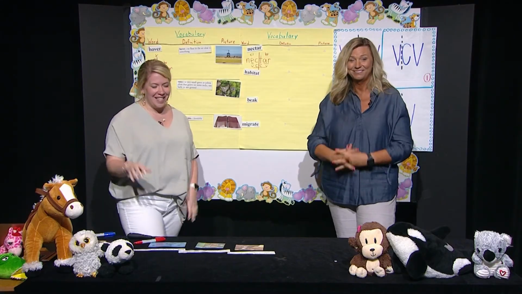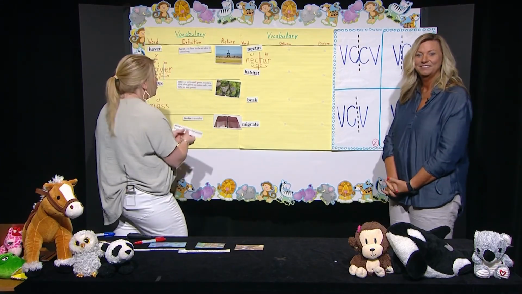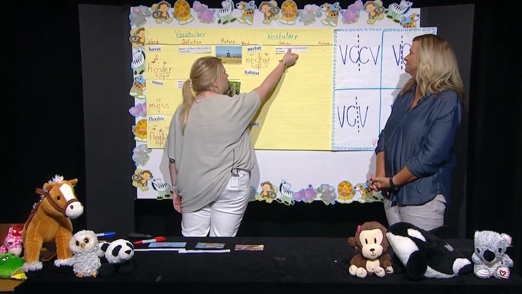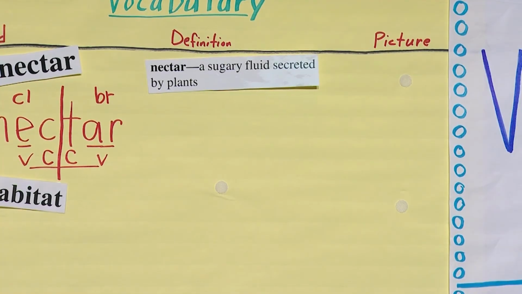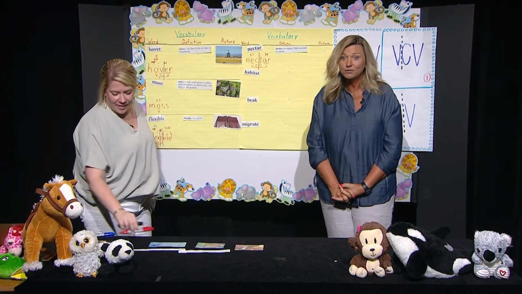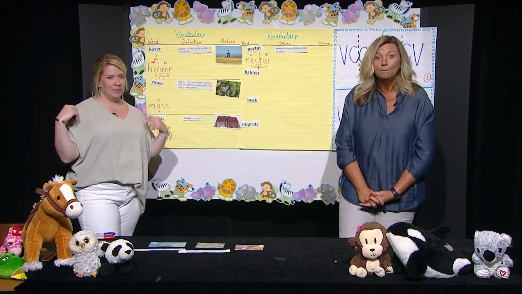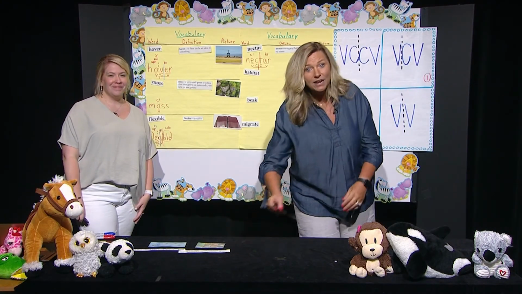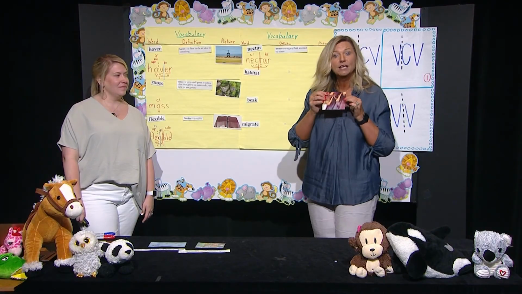Great job, guys. I'll add that definition to our anchor chart. Great job. This photograph shows nectar dripping from a plant. Boys and girls, why do you think plants might produce nectar?